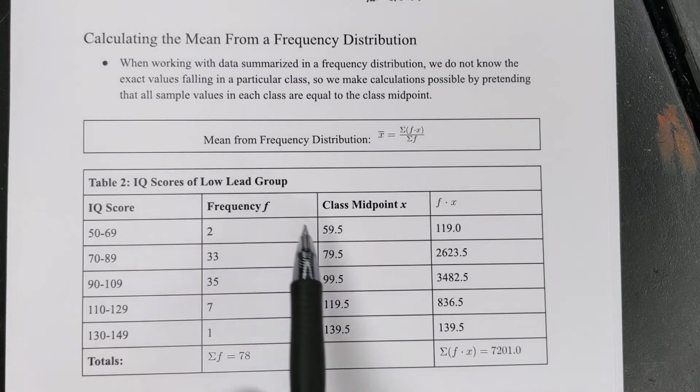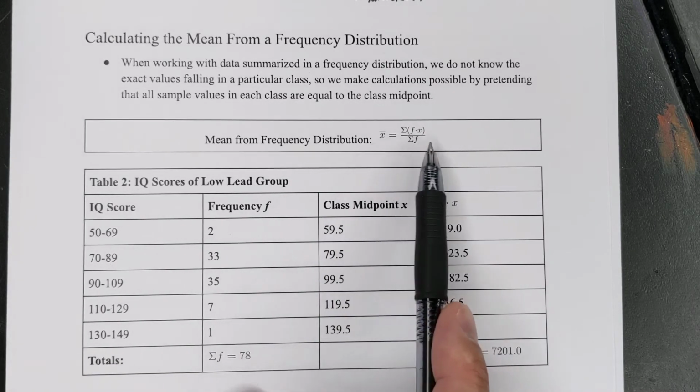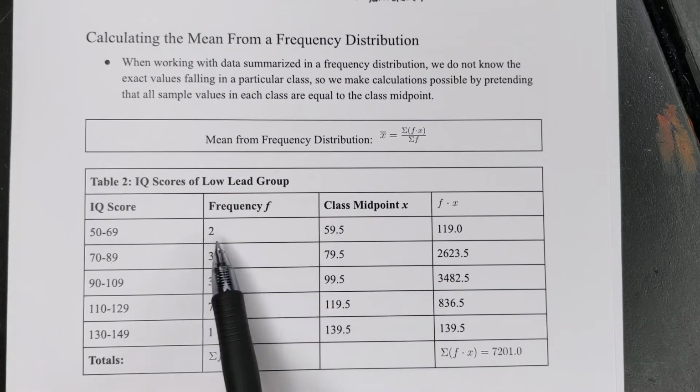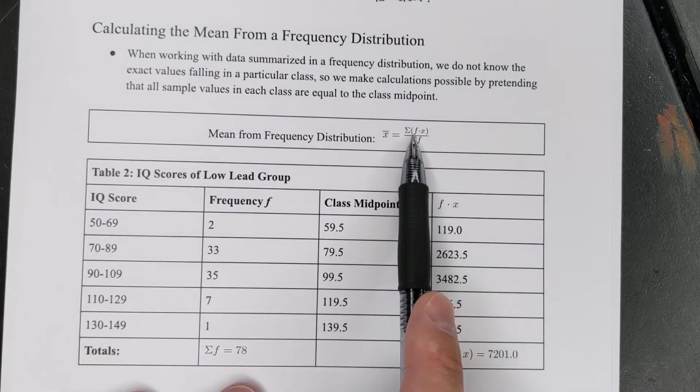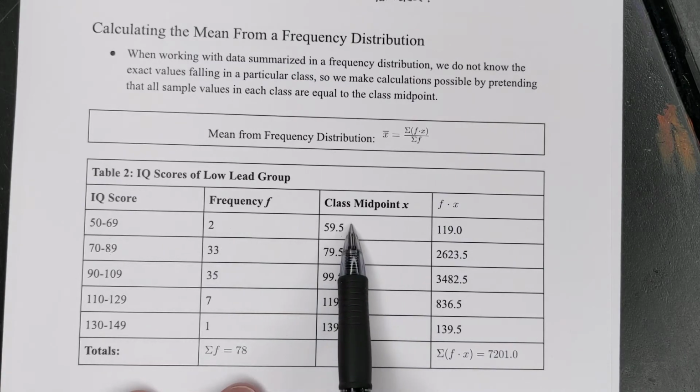So when you're calculating the mean from a table like this or from a histogram, here's the formula for it. You multiply the midpoint by the number of times it appears, which is actually this column right here. That's the top of this fraction. Sum, actually this all the way down here. So f times x is each individual frequency times the midpoint.